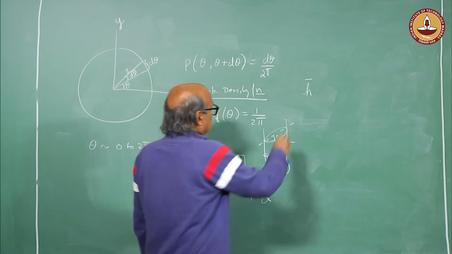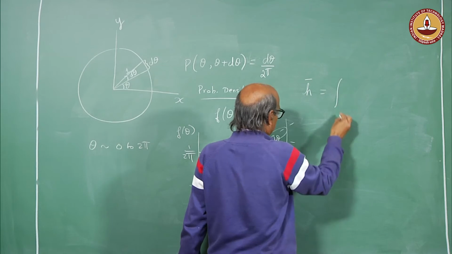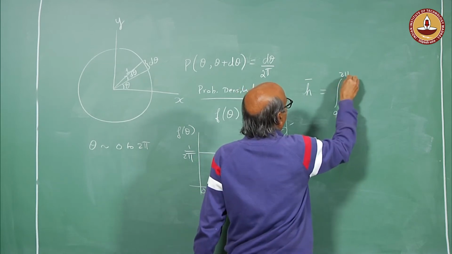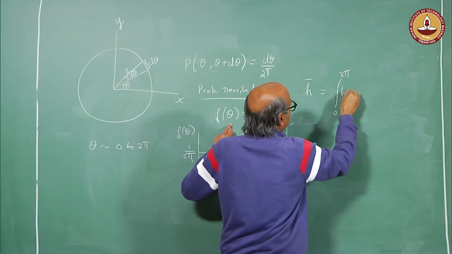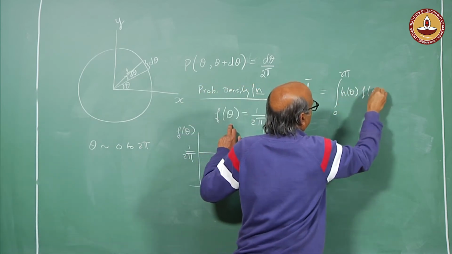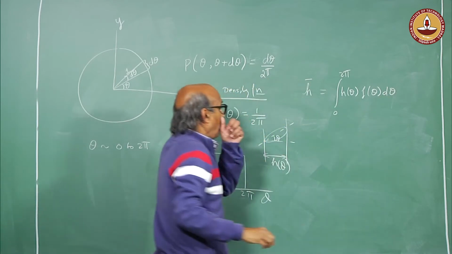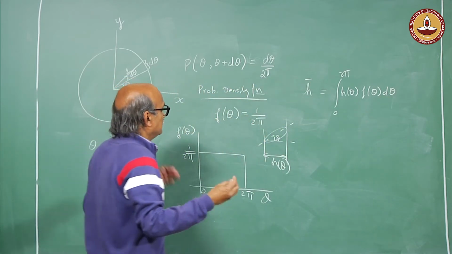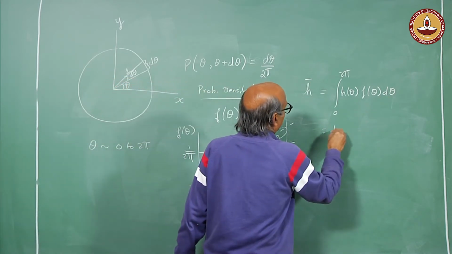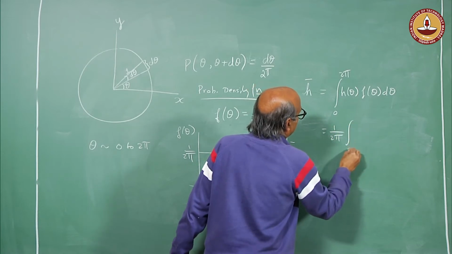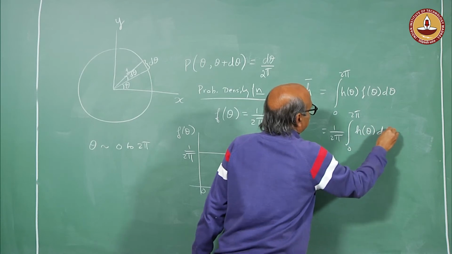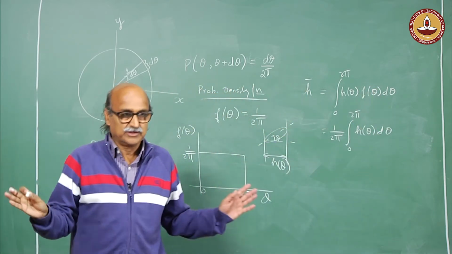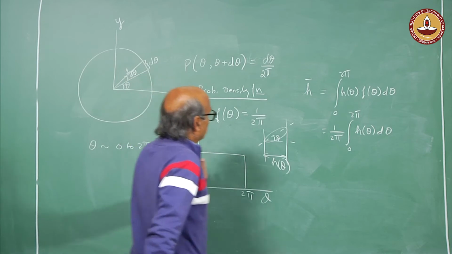Then this would simply be the integral 0 to 2 pi h theta f theta d theta. This is a simple case. This actually comes out to be simply 1 upon 2 pi integral 0 to 2 pi h theta d theta.